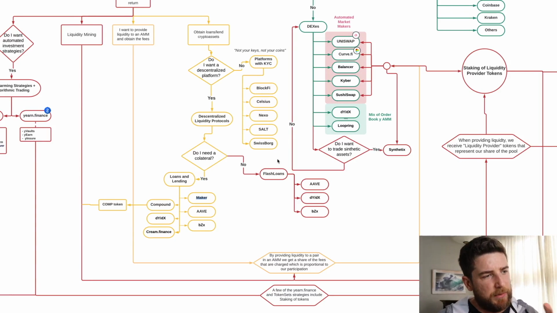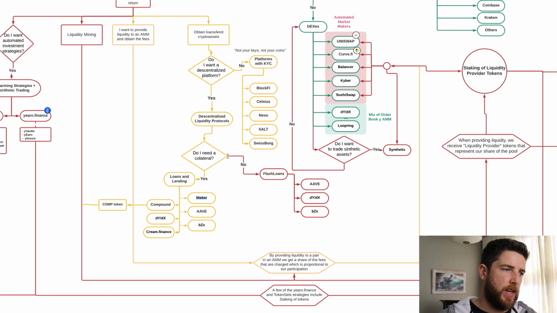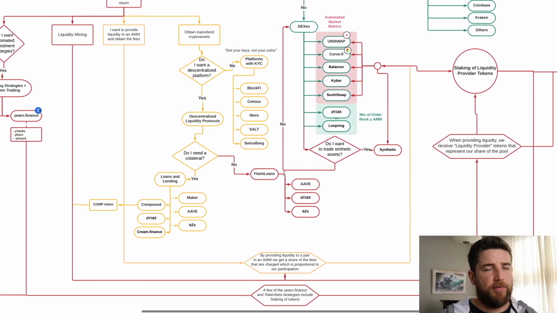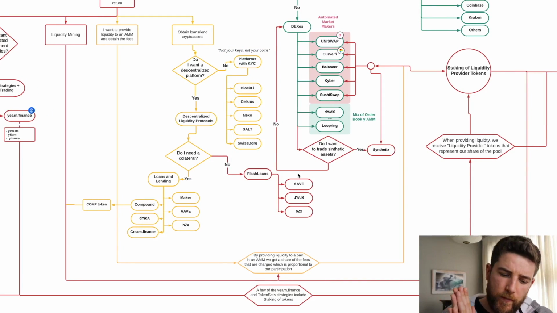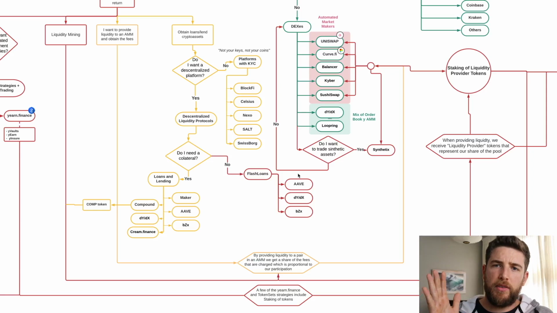Now, there is a special case where you can actually borrow money without a collateral, and that is called flash loans. A flash loan is a loan that you can ask for without a collateral, but you need to pay back in the same Ethereum transaction.